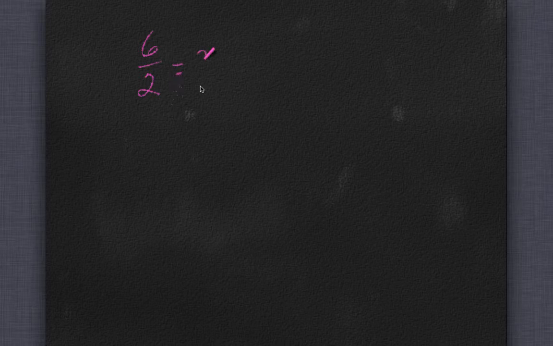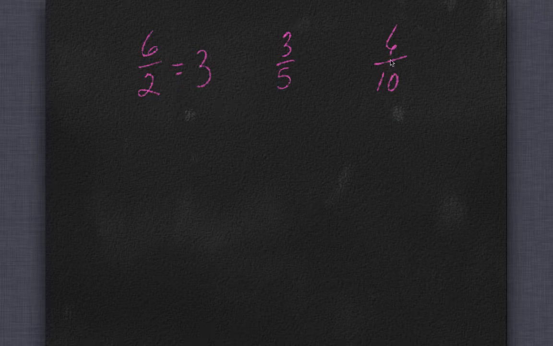And the answer is I have 3 2's if I have 6. This answers the same question, if I have 3, how many 5's do I have? I have 3/5 of 1, right? But also, if I have 6, how many 10's do I have? You have 3/5 of a 10. So this always answers that question.